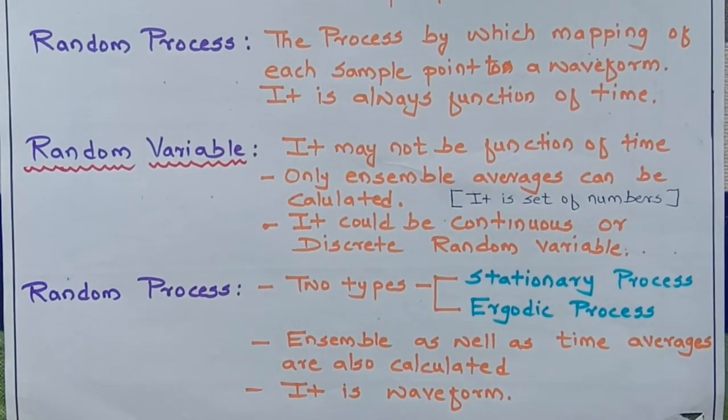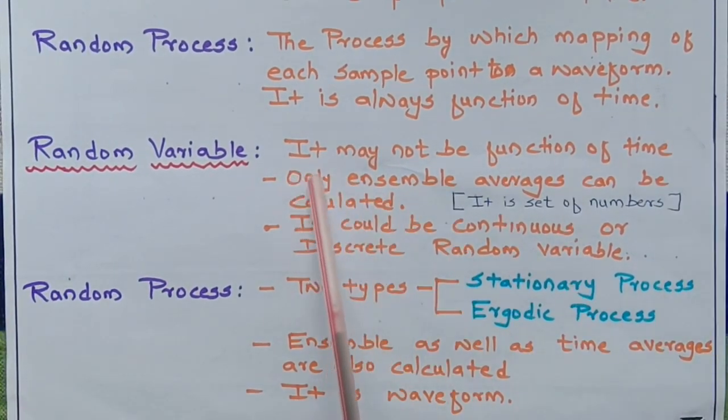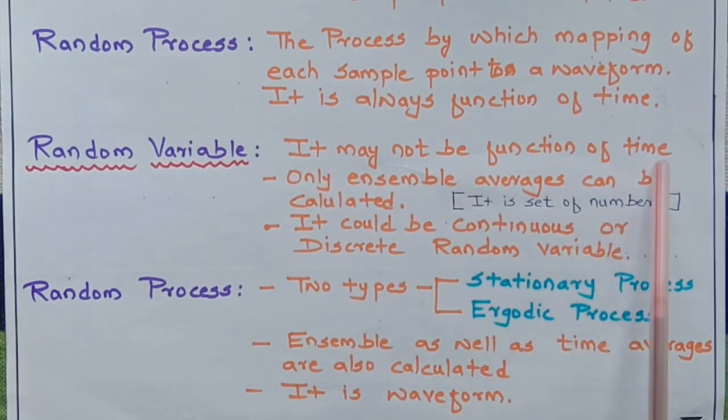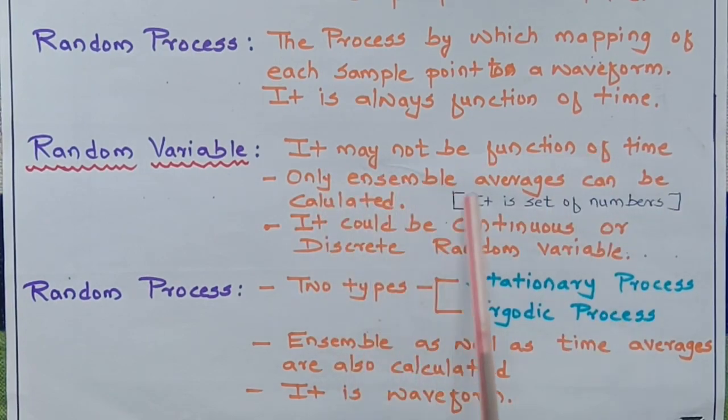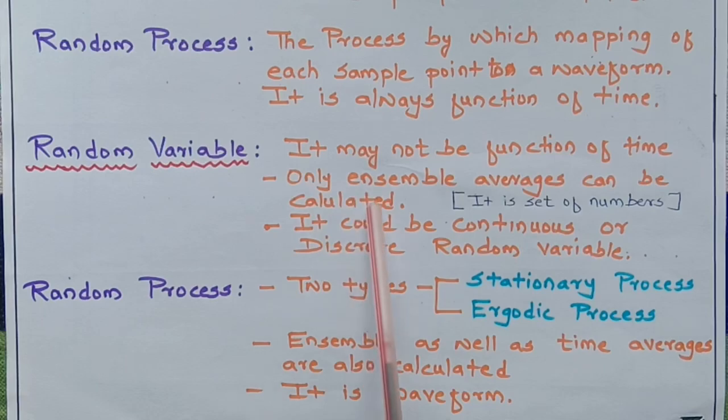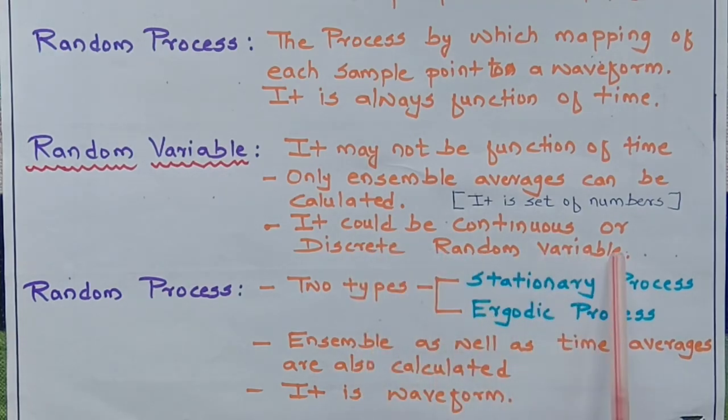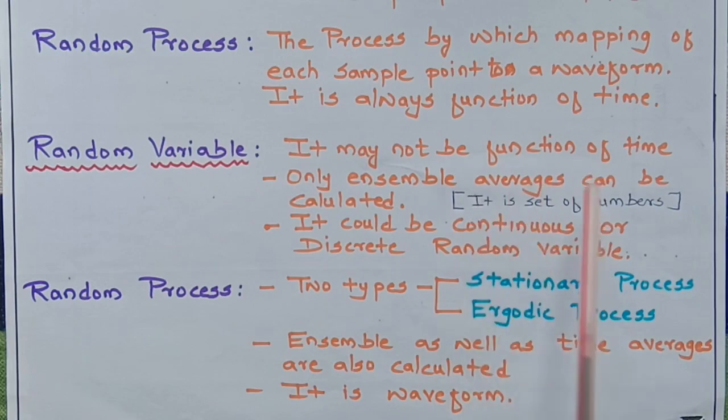One more, a random variable may not be a function of time and only ensemble averages can be calculated. And a random variable could be a continuous random variable or a discrete random variable. And a random variable is just a set of numbers.